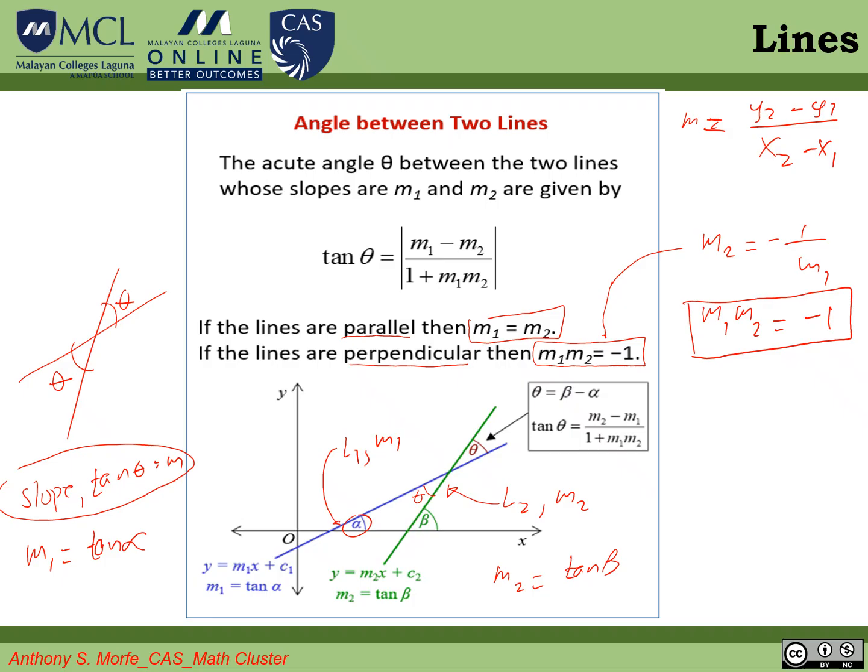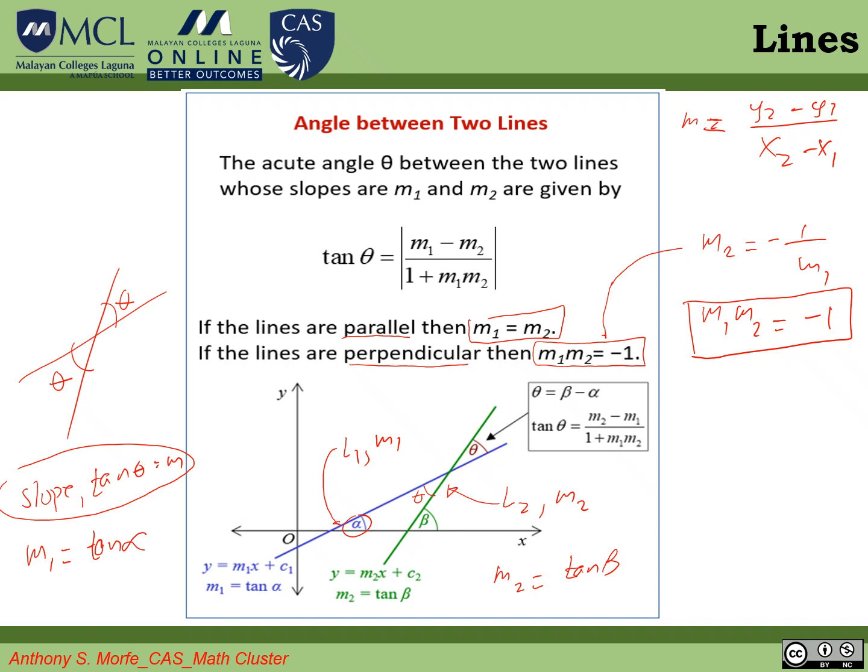So we have the tangent of the angle theta is, in terms of slope, m sub 2 minus m sub 1 divided by 1 plus m sub 1 times m sub 2. Okay, just focus at the moment here. Don't be concerned yet about how this formula is derived.